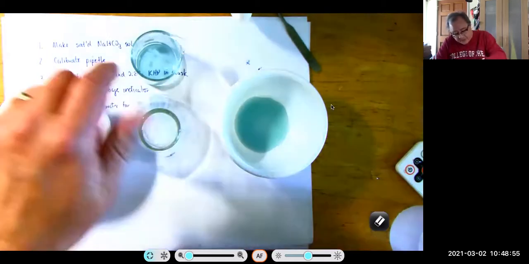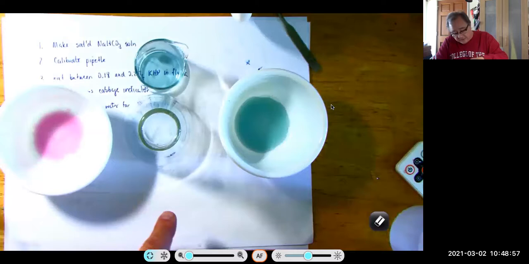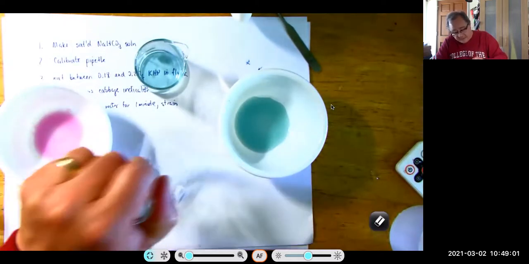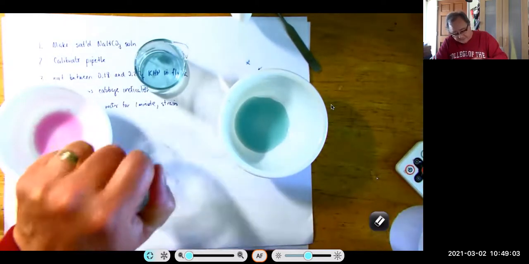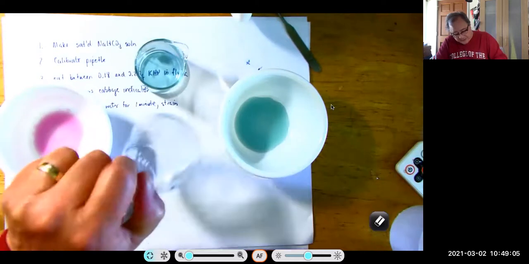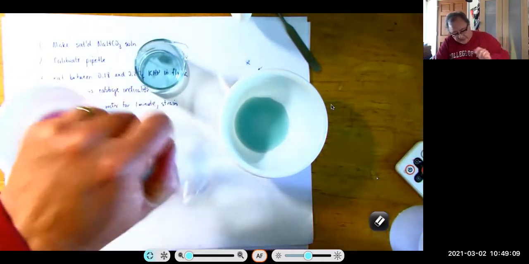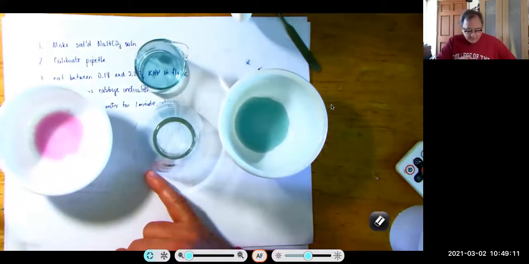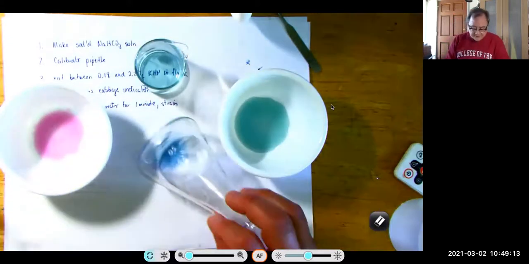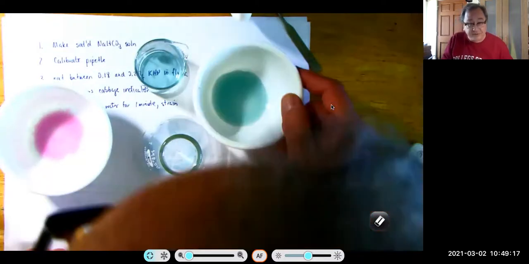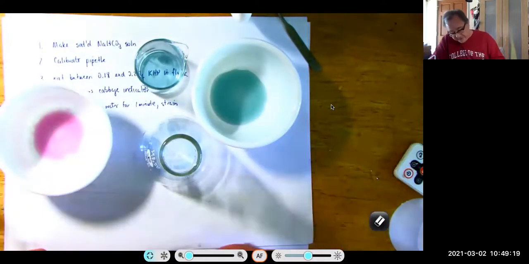And we are getting close to matching the color over here. So I'm not adding any more sodium bicarbonate. I'm just shaking it and being patient. And probably in a few minutes, this color is going to match this color over here, which seems to match this color here.